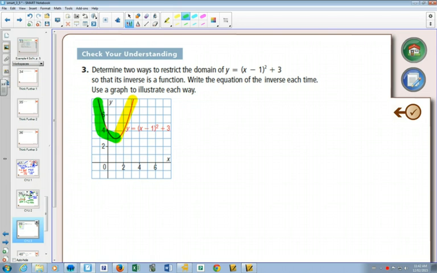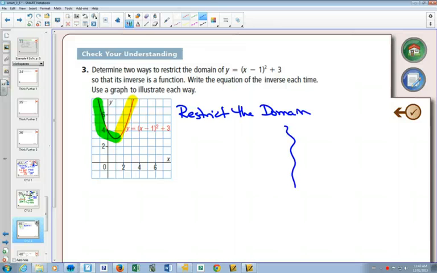So what are the 2 ways that we can restrict the domain? One, we can say x could be bigger than or equal to 1, because that's the key point here, this one, (1, 3).